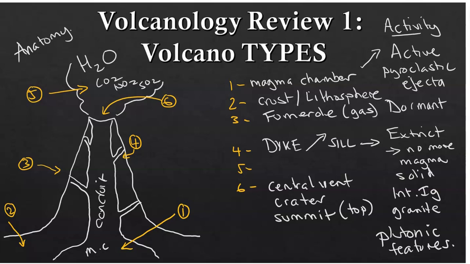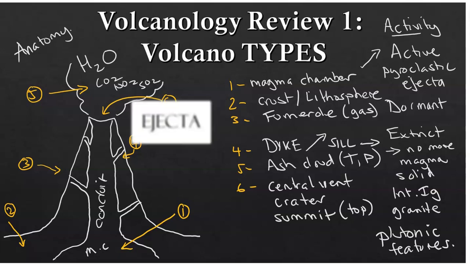So the conduit connects both. 5 is going to be the ash cloud, which is just generic. So looking at tephra and pyroclastic material, and looking at ignimbrites as well as different sizes of tephra and material coming out of the volcano. And this is all called, again, ejecta.